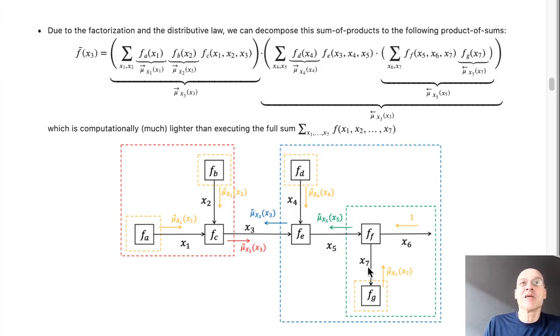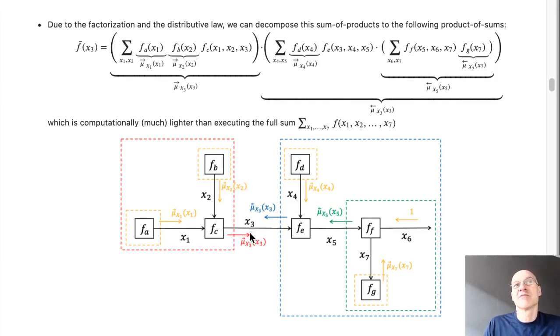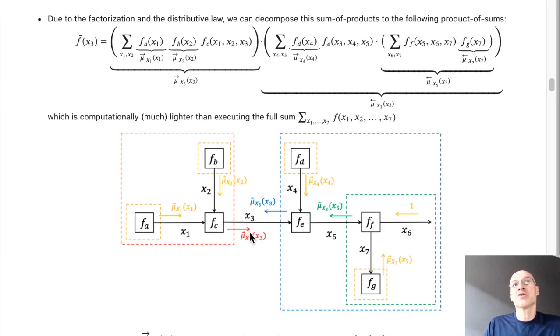And to compute the green message, I multiply this message by the node function, and execute my sum product update rule, and I create the green message. I'll do the same until I have a forward and a backward message for X3, and I multiply, and that's it.